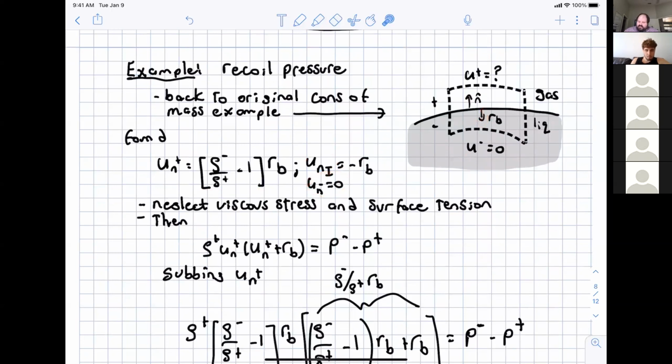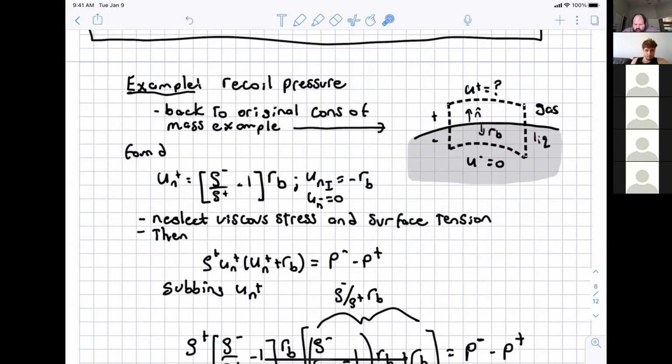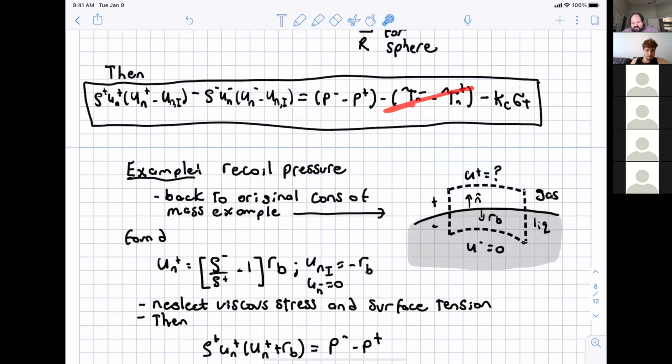Now we're going to find what the pressure difference is across this interface. We just want to see what the normal momentum equation has to say about a jump in pressure across the interface. For the sake of convenience, we are going to neglect the viscous normal stress, and we're also going to neglect surface tension, though you could certainly include surface tension if you wanted to.